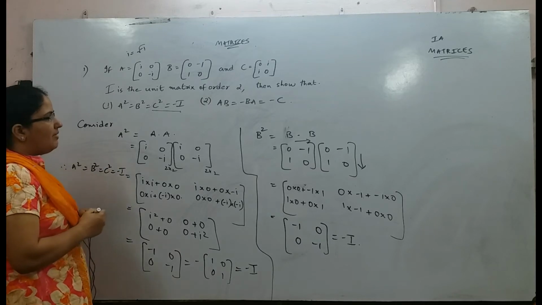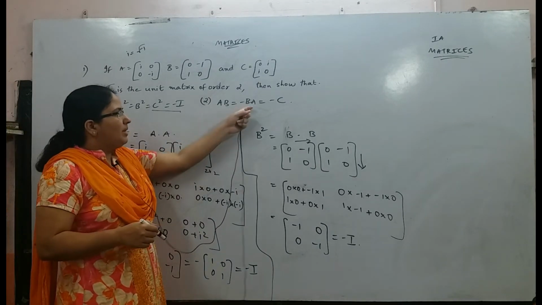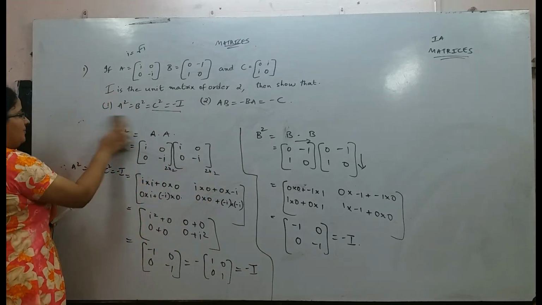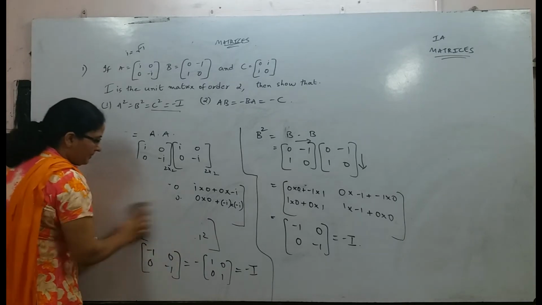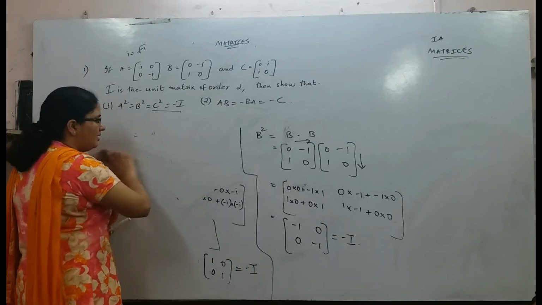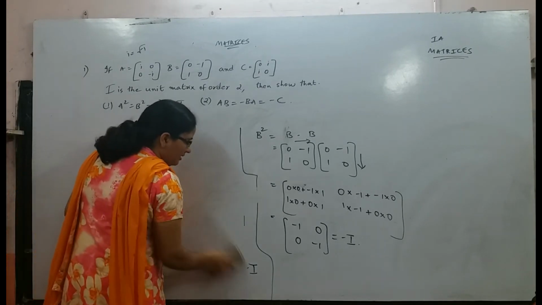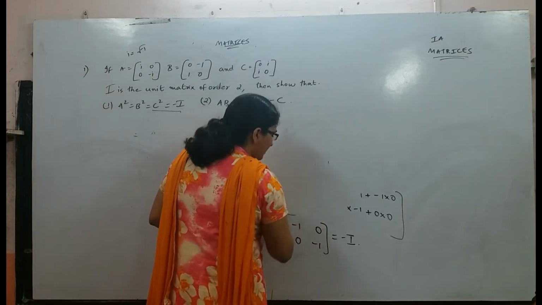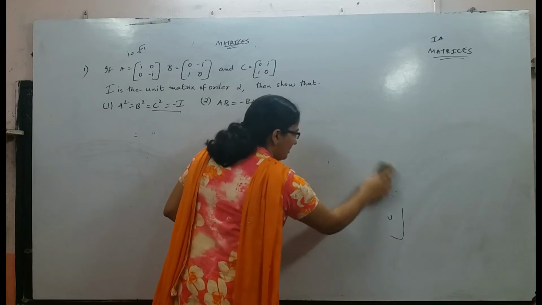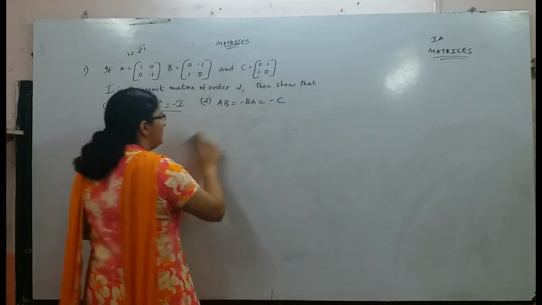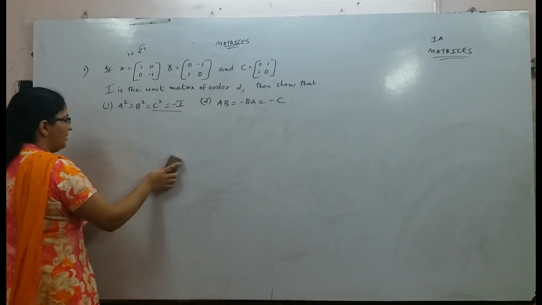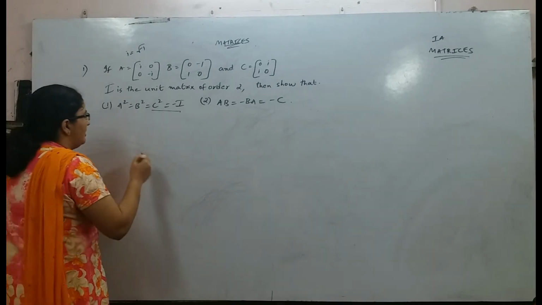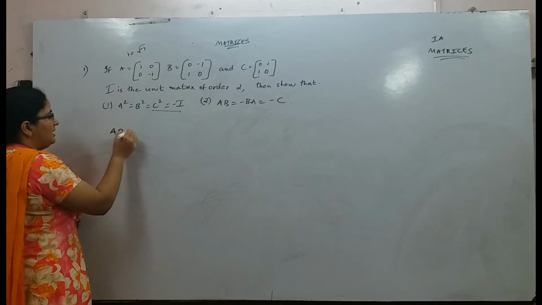In the next part, you have to prove that AB is equal to minus BA is equal to minus C. Let us prove that part. Consider AB.